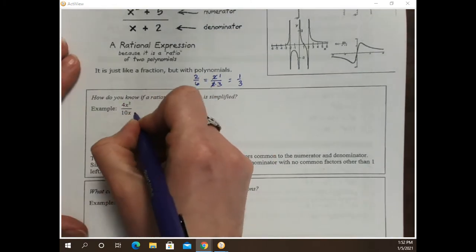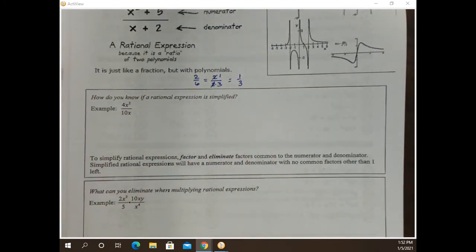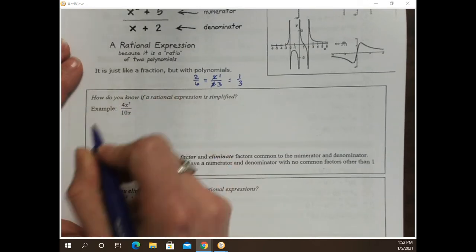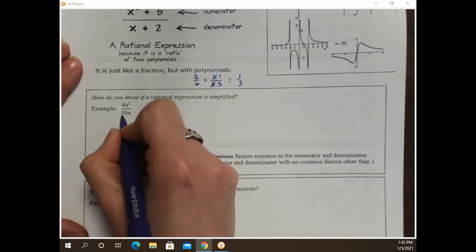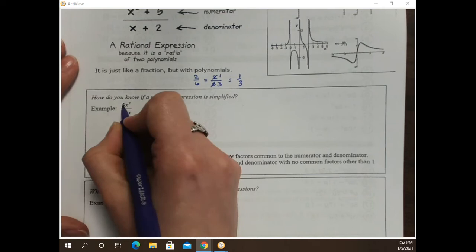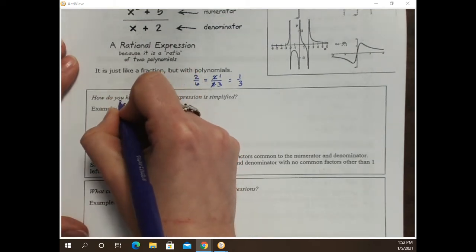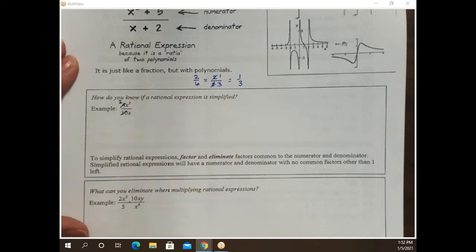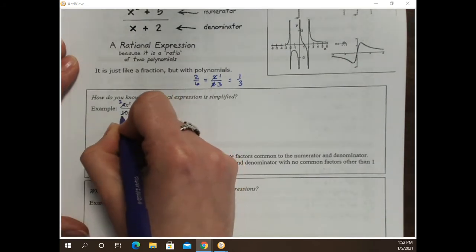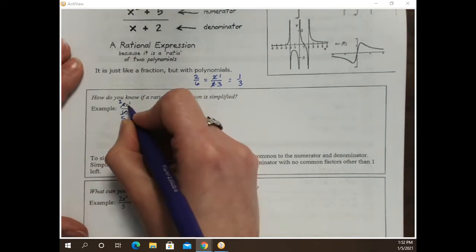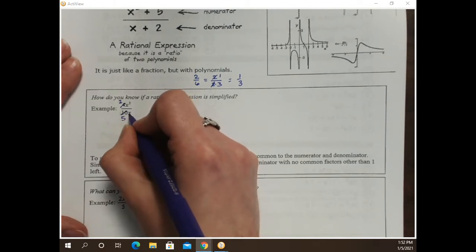So we treat these rational expressions exactly the same way. As I look at my problem here, I've got 4x squared over 10x. 4 and 10 have a common factor of 2, so I can divide 2 out of each of them. 4 divided by 2 is 2, and 10 divided by 2 is 5. Then I can do the same thing with my x terms, x squared and x.